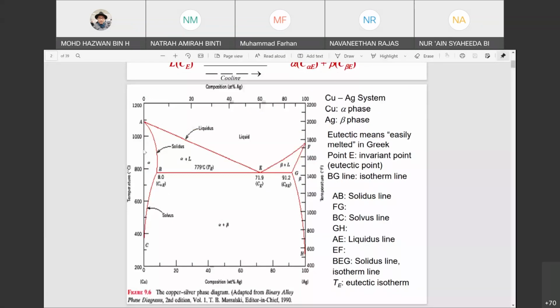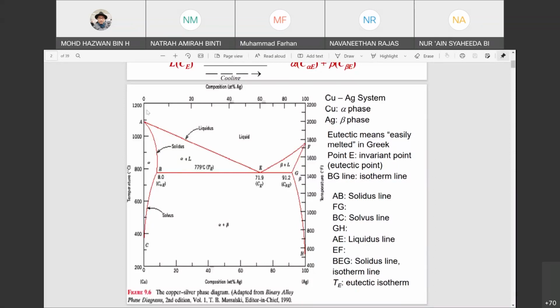On your left-hand side you have alpha, and on your right-hand side you have beta. Alpha and beta mean that the phase exists as a solid solution of an individual element. So you have more pure alpha on the left-hand side and more pure beta on the right-hand side.